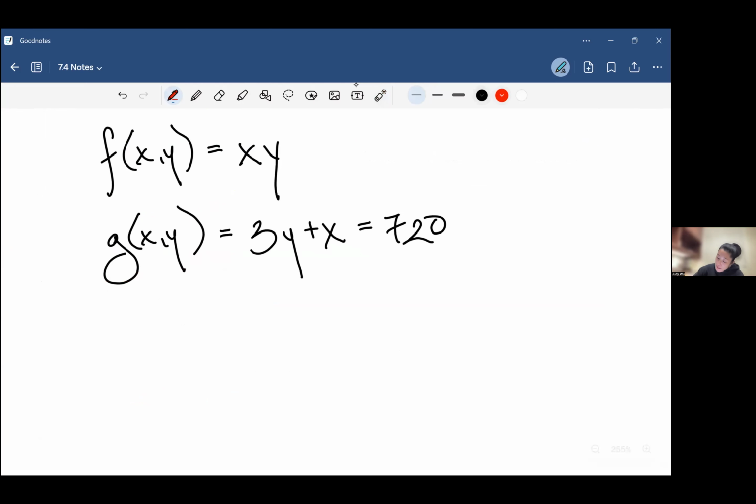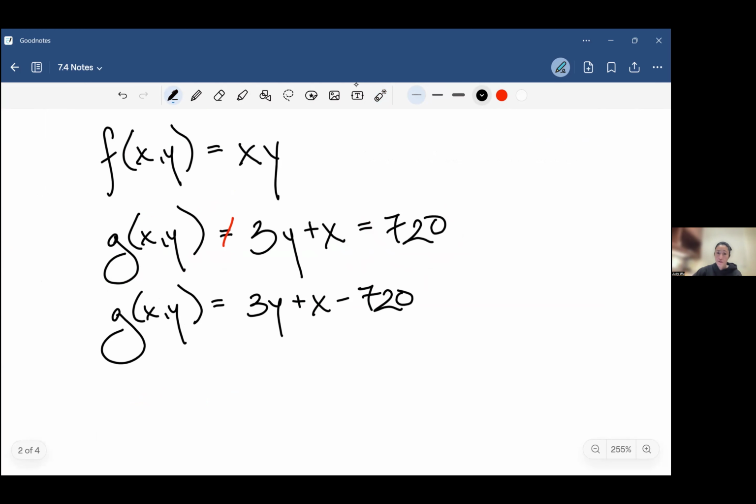So this is not technically our g of xy, but we can make it our g of xy by doing one very simple thing, where we take the 720 and subtract it to the other side. So let me make that modification. g of xy equals 3y plus x minus 720.